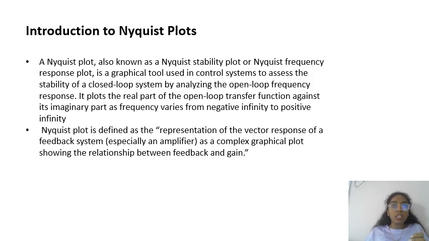The Nyquist plot is defined as the representation of the vector response of a feedback system as a complex graphical plot showing the relationship between feedback and gain. Here the graphical plot will be between the feedback and the gain. Okay, this is the introduction to the Nyquist plots.